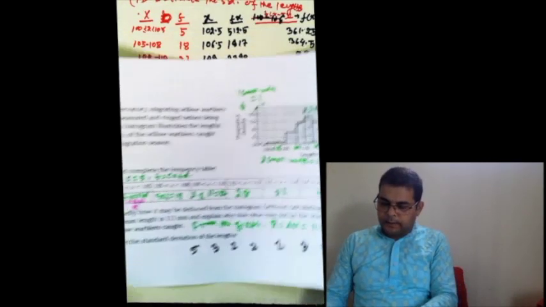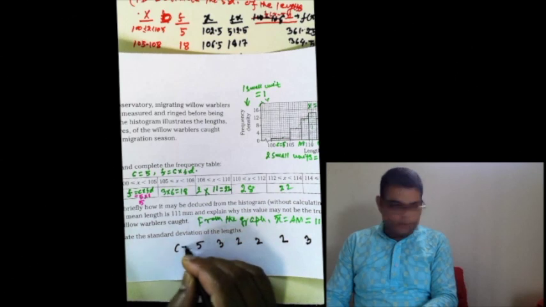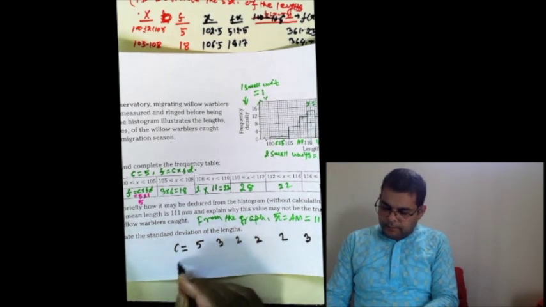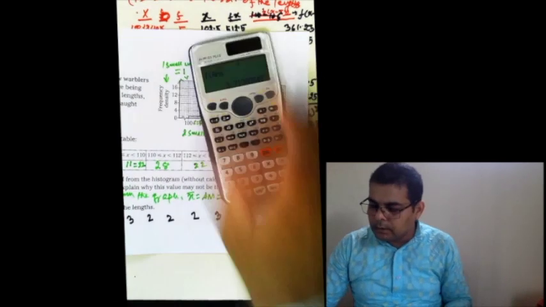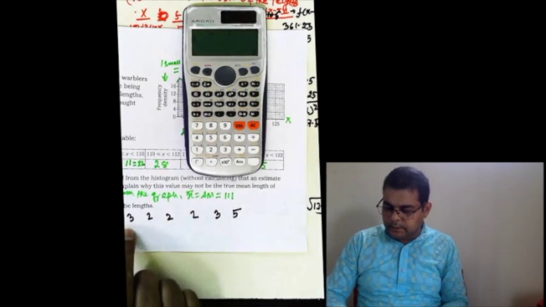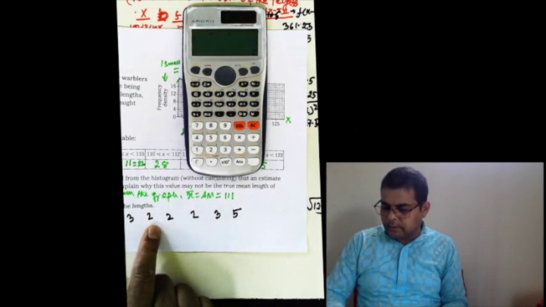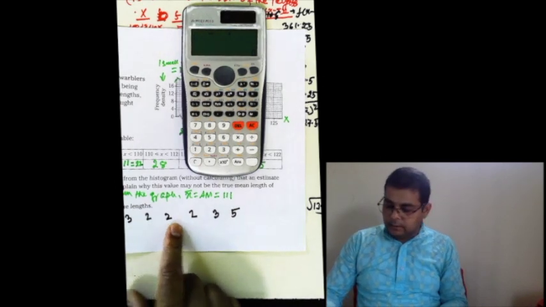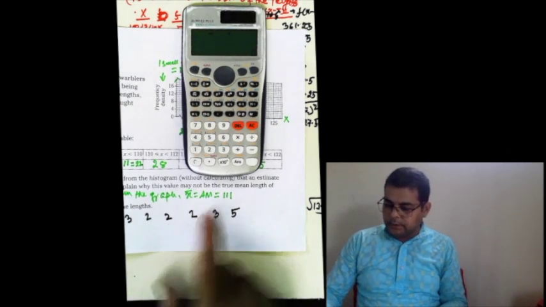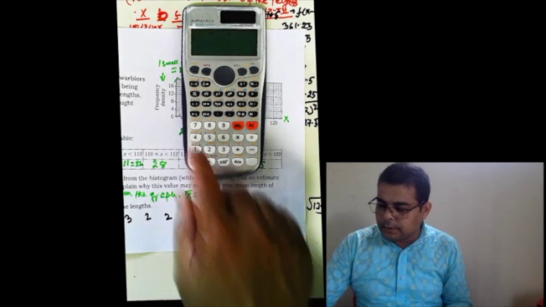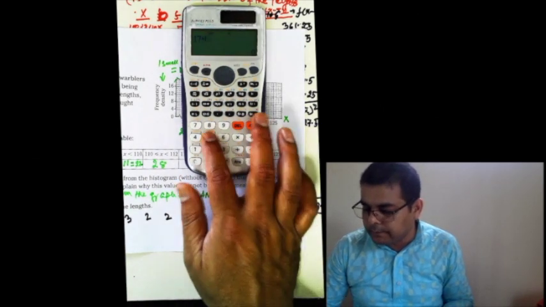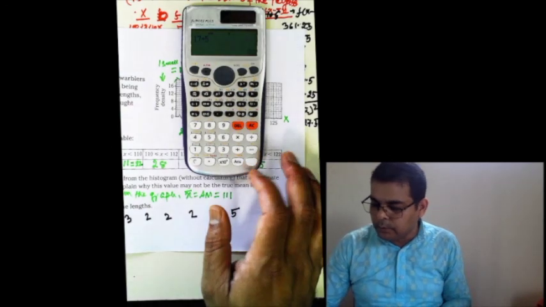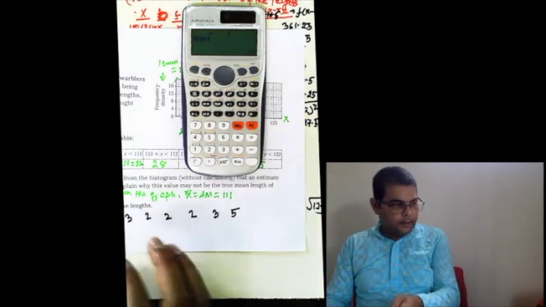So I think you have seen all these values. What I have done is taken all the values of c, and then find c bar, that means the mean of these differences. Let's see what happens. It is 5 plus 3 is 8, 10, 12, 13, 14, 15, 16, 17, plus 5 is 22, and divide this by how many c's there are.